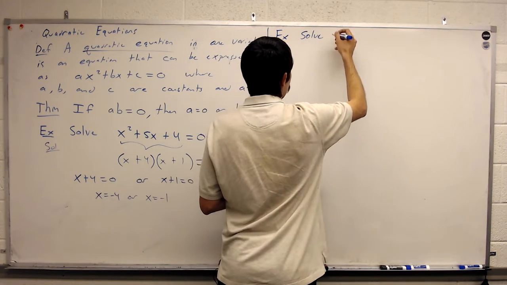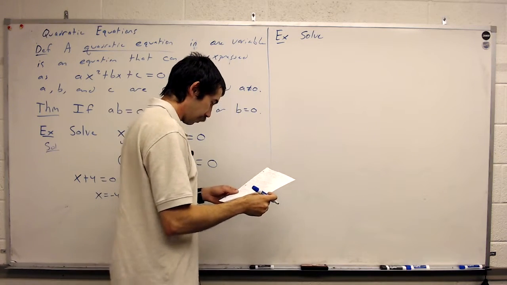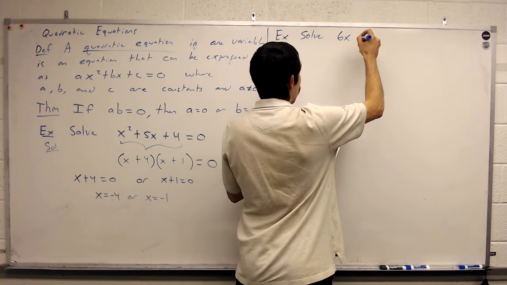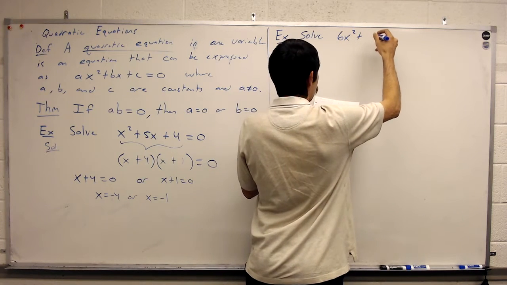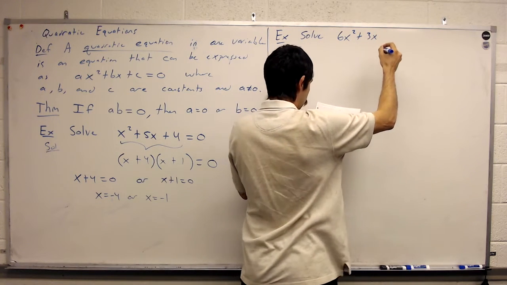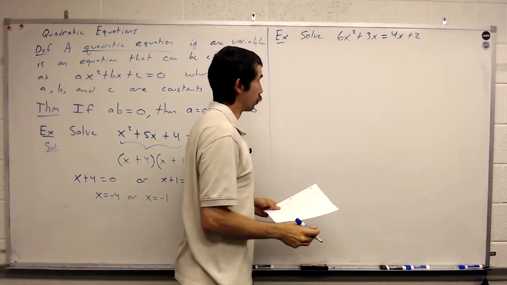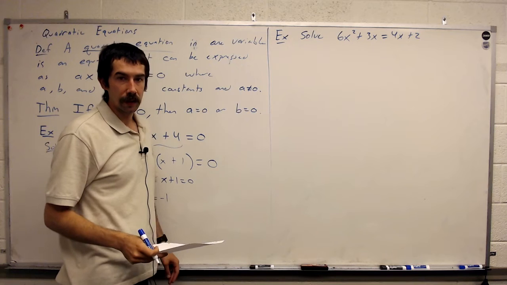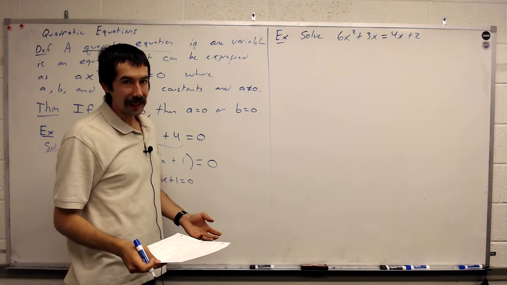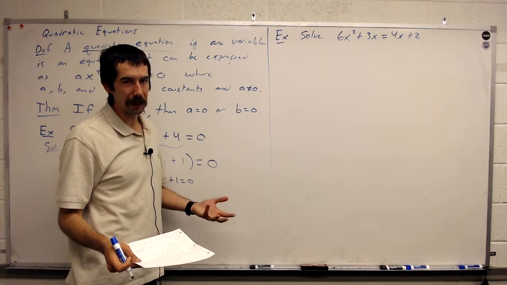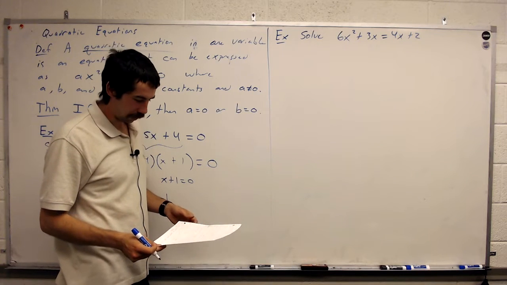So let's solve 6x squared plus 3x equals 4x plus 2. This is a lot tougher, and we're going to see once we talk about the quadratic formula that maybe the quadratic formula is the right approach for this type of problem.